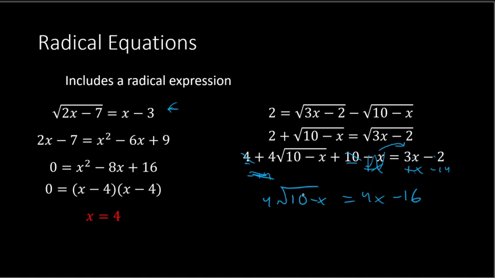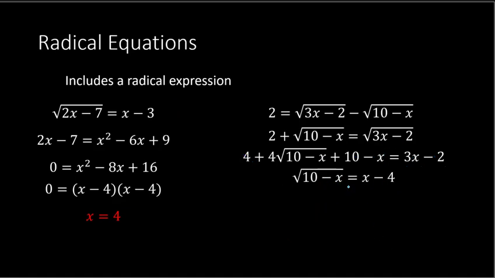So we have this. We could actually square right now, but since we can divide everything by 4 first, let's do that. So you could have squared right here, but the numbers would have been bigger. So if you divide by 4, we now have the square root of 10 minus x on the left equals x minus 4 on the right.